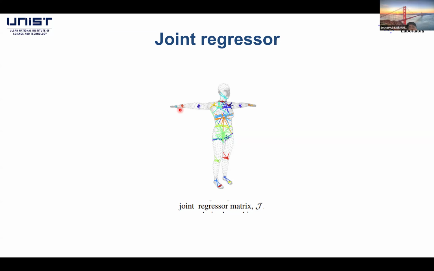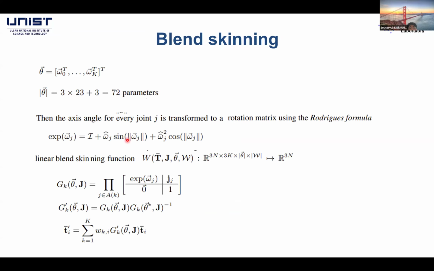So when getting the position of the hand, we don't have to count merely the rotation of the wrist, but we have to count the rotation of the arm as well, right? So there's actually a kinematic tree in the human body, right? And this A of K means that kind of kinematic tree, okay?